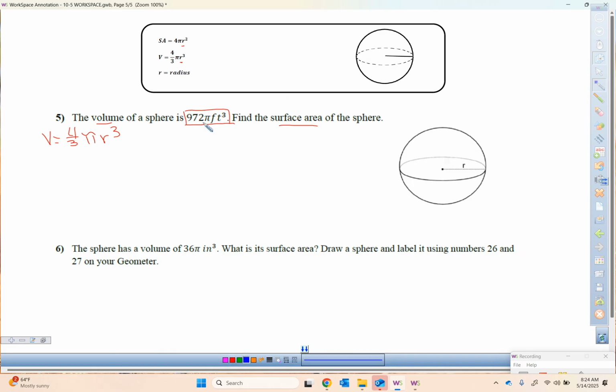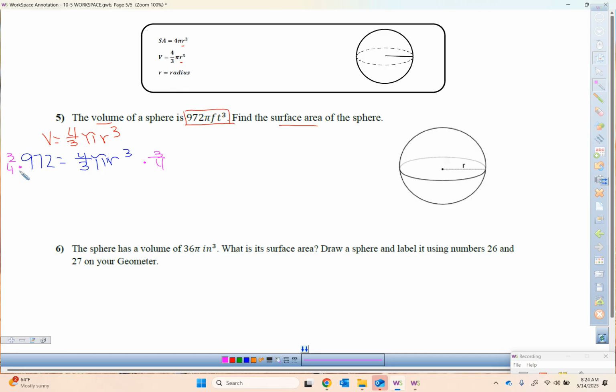It says volume equals 972. 4/3 is part of our formula. Pi is part of our formula. We are solving for radius. Okay? All right. If we can remember back when we have a fraction like this and we want to get rid of it, what can we do to get rid of this fraction? Yeah, times it by its reciprocal on both sides.